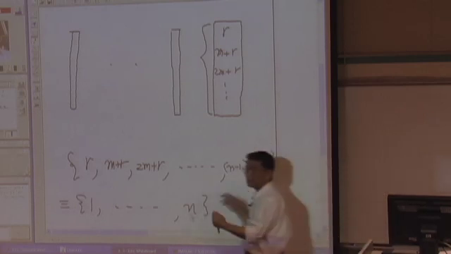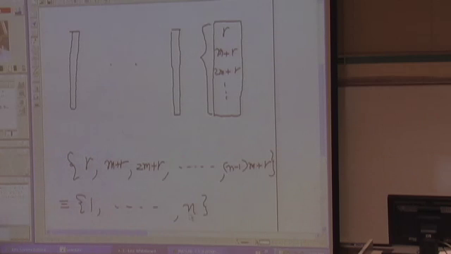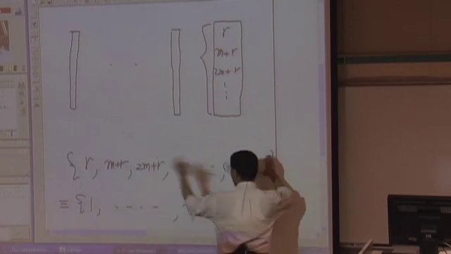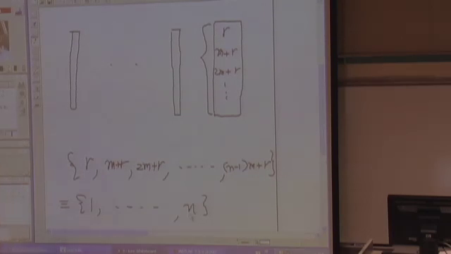Not element-wise, but set-wise. How can you do it? That is the key. How can you show that these entries are, as a set, congruent to 1 through N? How can you do it?